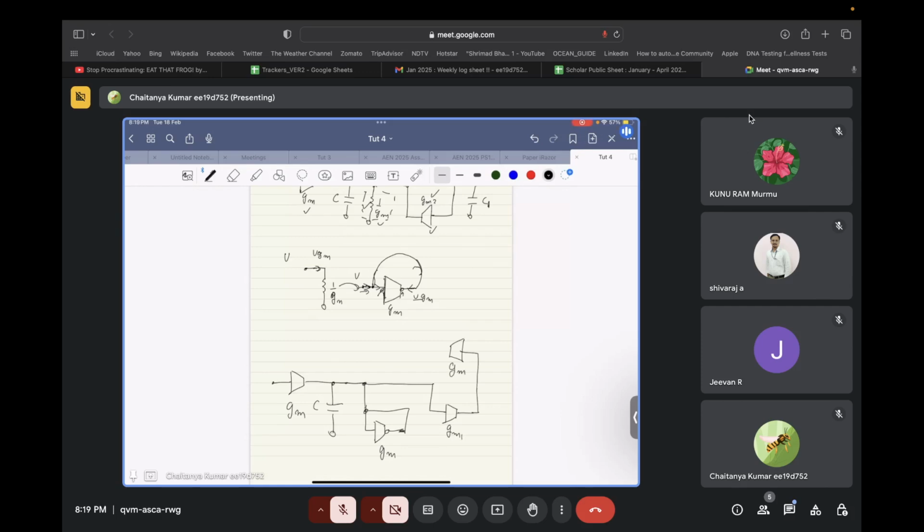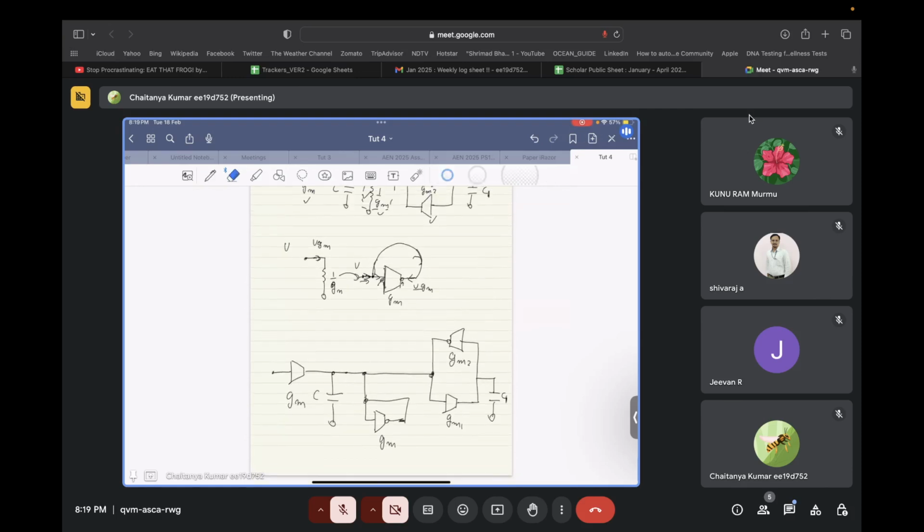You have GM2 and then this C1. Okay. So for simplicity, let's have both these as GMs only. Okay. Now let's see.